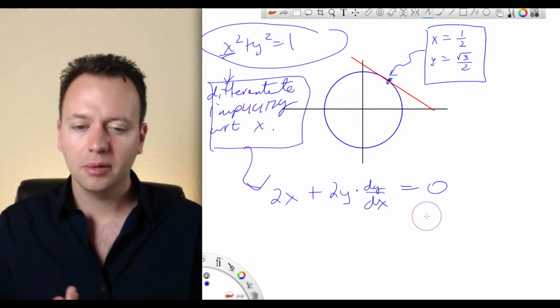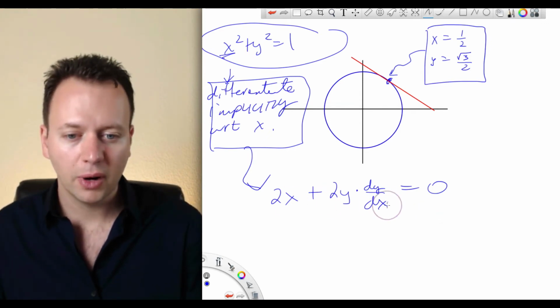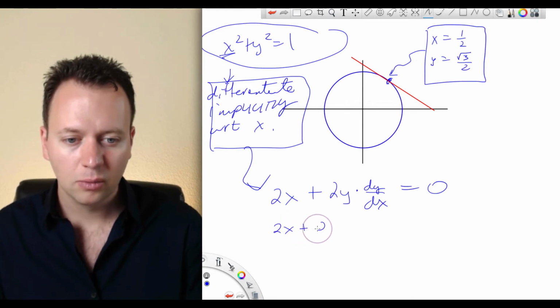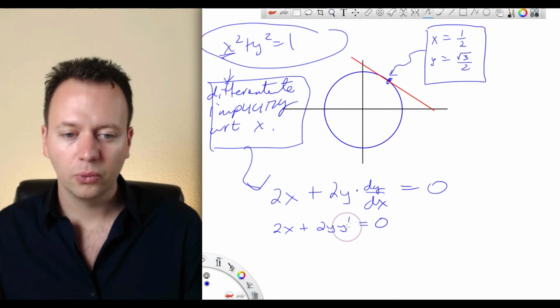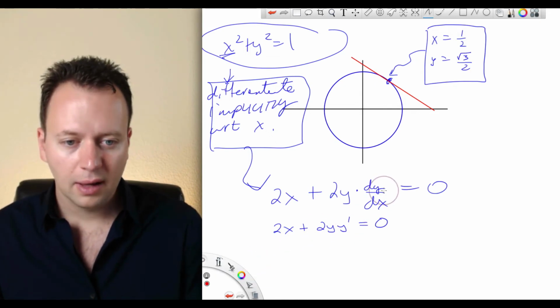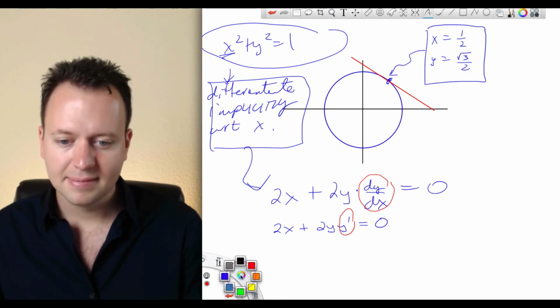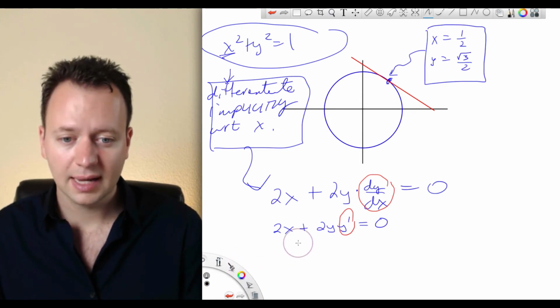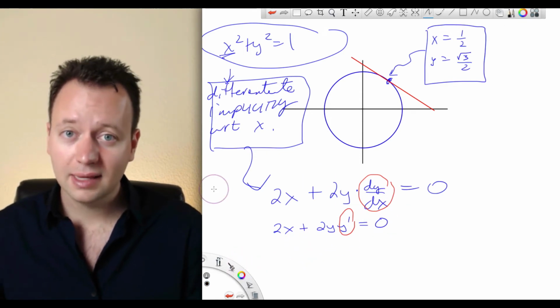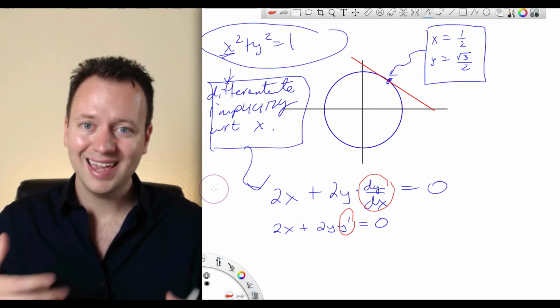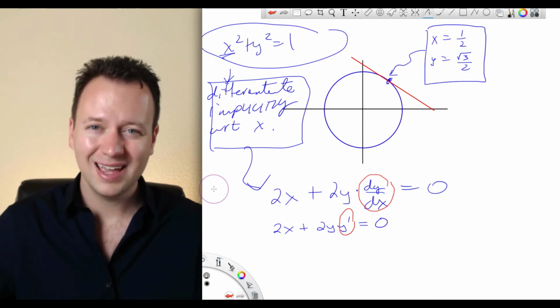Now it's probably a style preference, so you can write it this way, or you can write 2x plus 2y y prime is equal to 0. So you can write the derivative either as dy dx or as y prime when you do this. It doesn't make a difference, they both represent the same thing. Notice that this result is linear in the derivative, so it's linear in y prime.